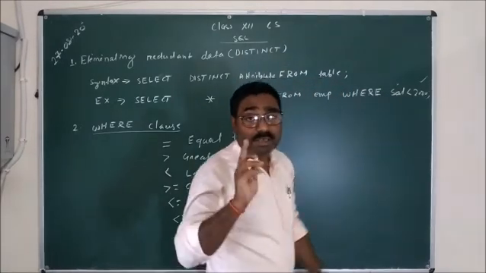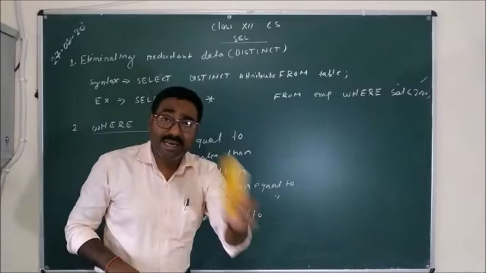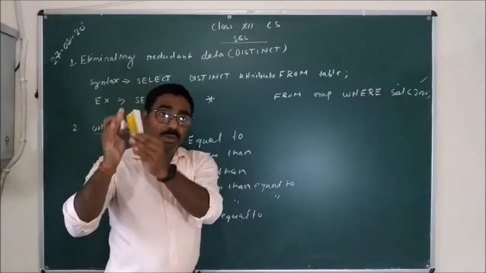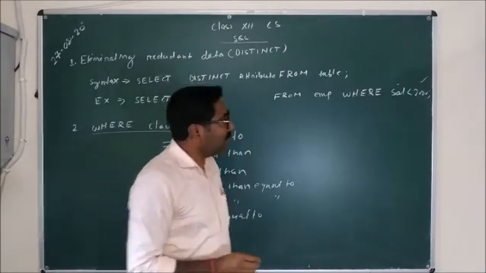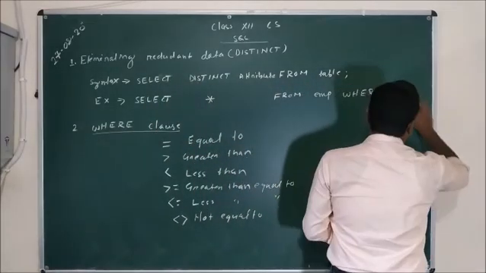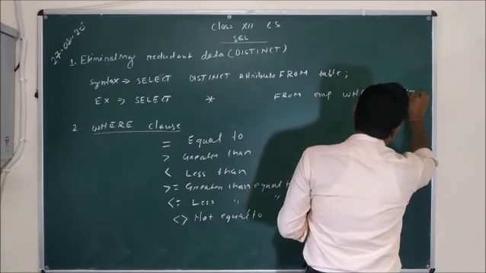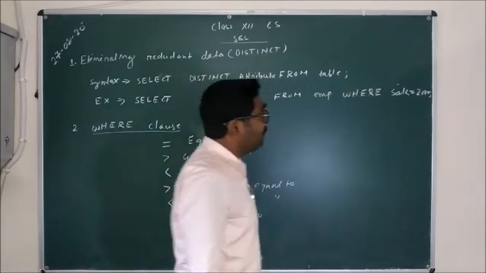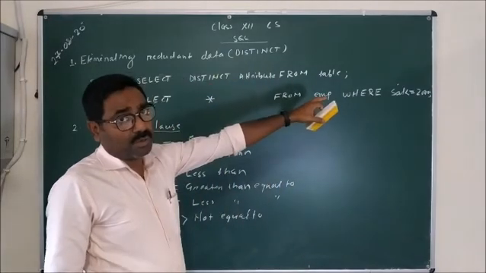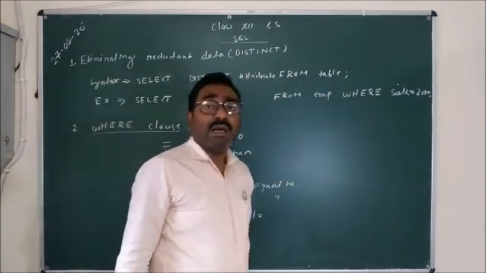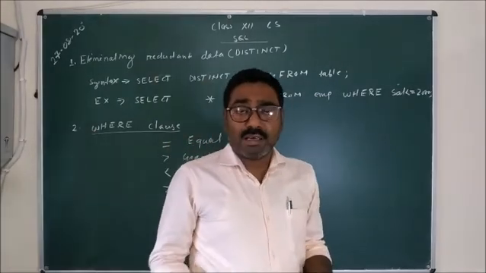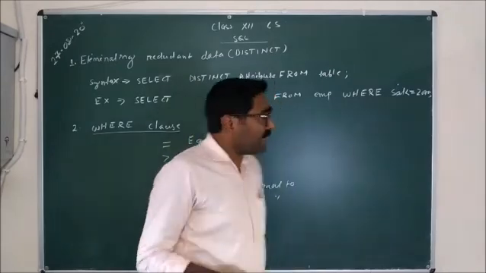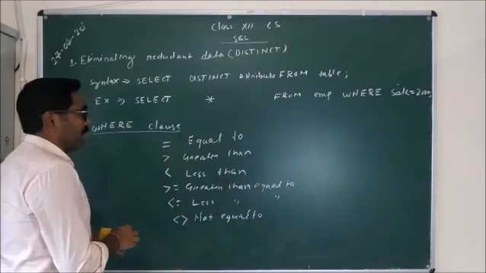But if you want to display the records with 2000 and less than 2000, that means it includes 2000 and again those who are getting less than 2000, in that case you have to write the condition like this: salary less than equal to 2000. It will display the values including 2000. Likewise, you can mention greater than 2000 or greater than equal to 2000. So these are the different relational operators.